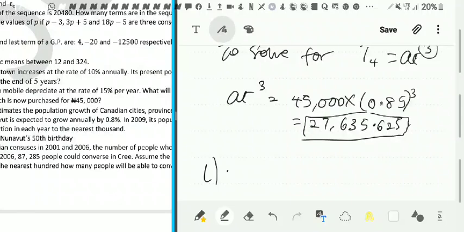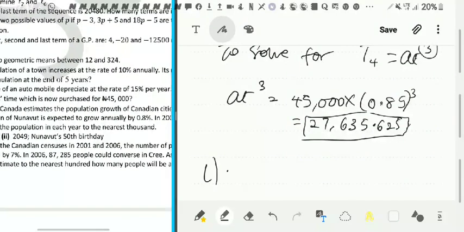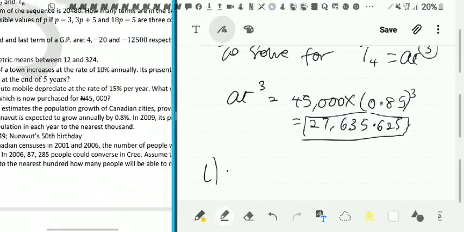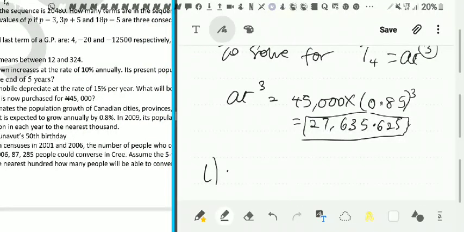Wow. I wonder how that will happen anyway. Maybe because of the immigration in Canada, I can't say, but that's very massive. So the population is expected to grow annually in Nunavut by 80% or 0.8%. So every year the population will increase by 80%. You know, 80% is 0.8.